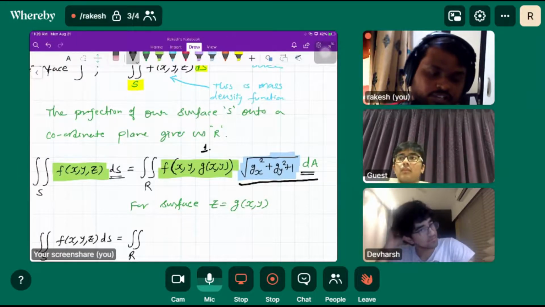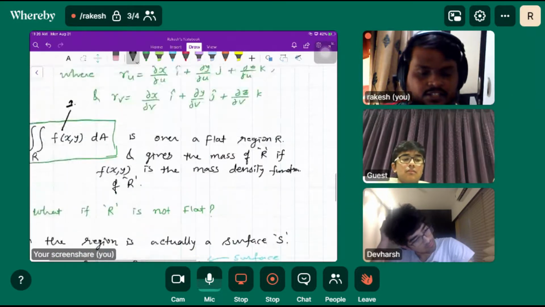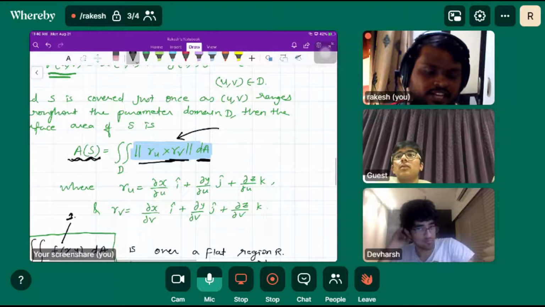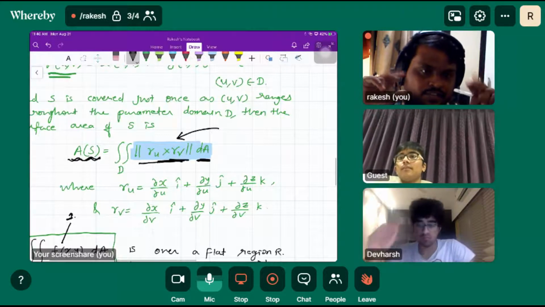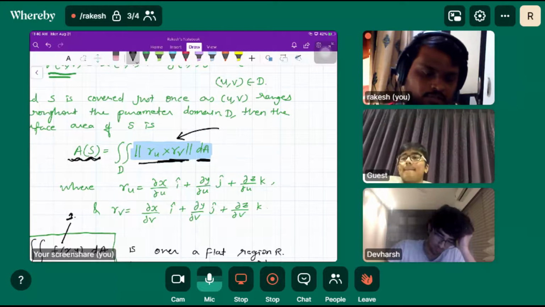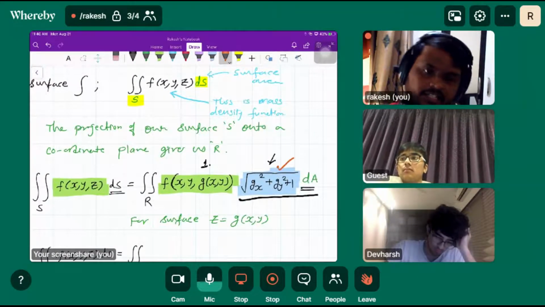So dA, something dA. You can relate that the magnitude of that vector product is the same as this part. Are you getting the idea here?